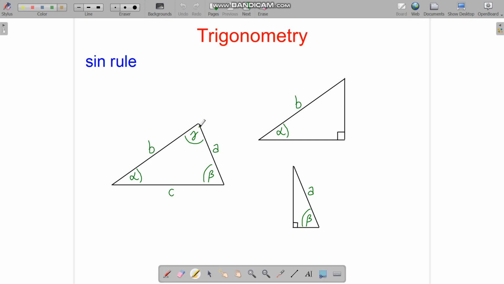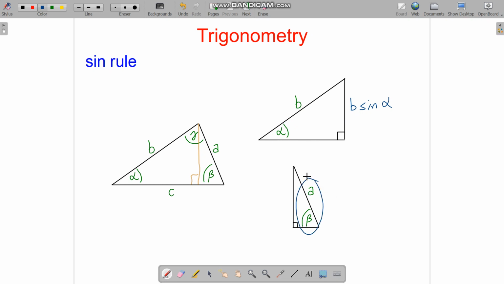So here we draw a line to help us, and it's a right angle here. So we have this kind of triangle and this kind of triangle. From here and here we have the triangles, and using the definition of sine and cos, this is b sine alpha, and this is b cos alpha, of course.